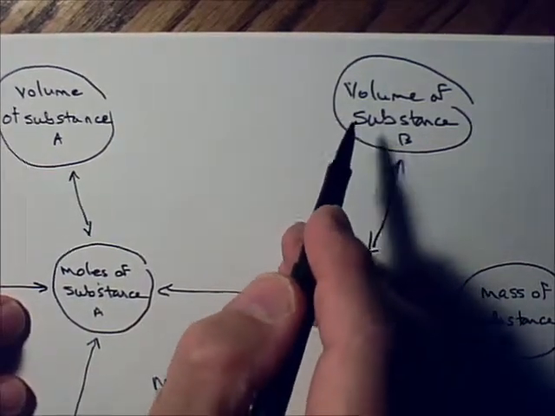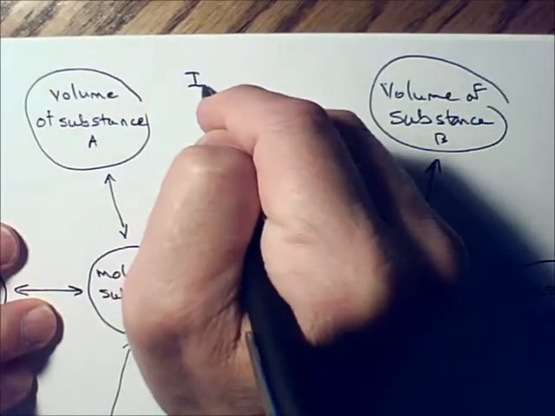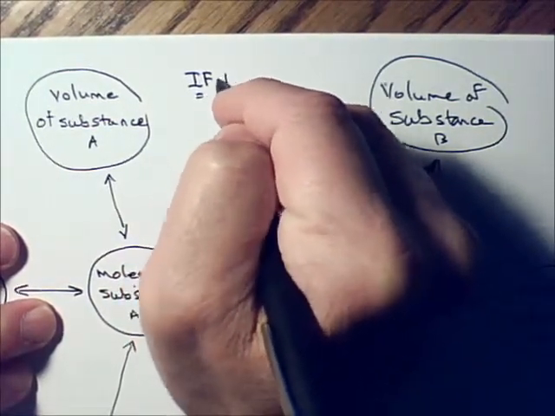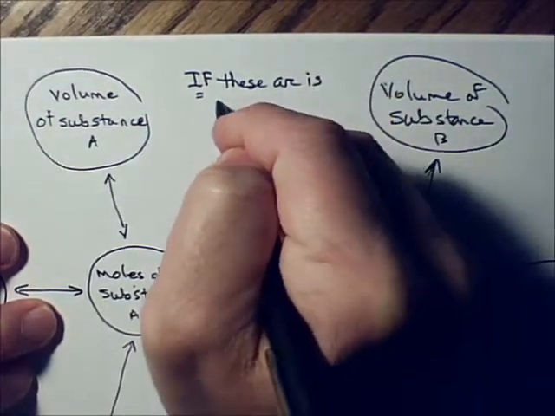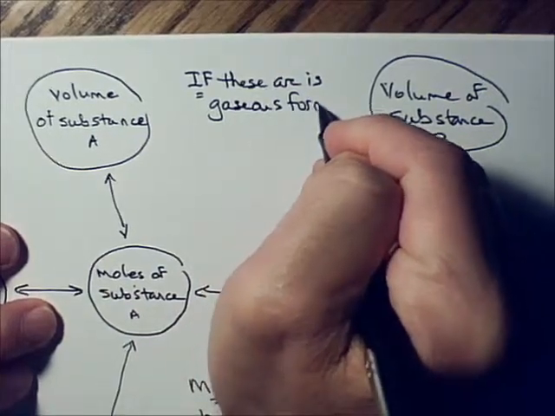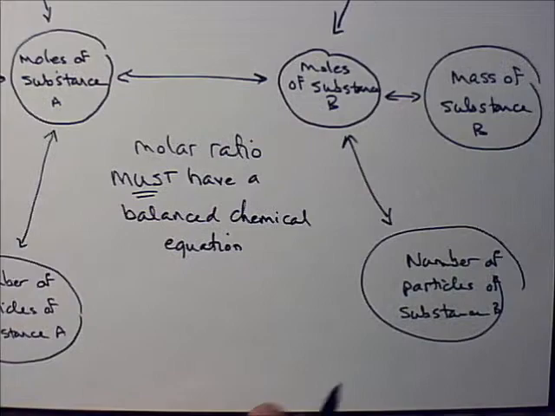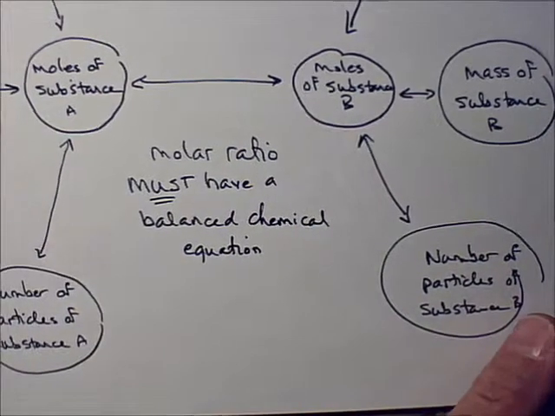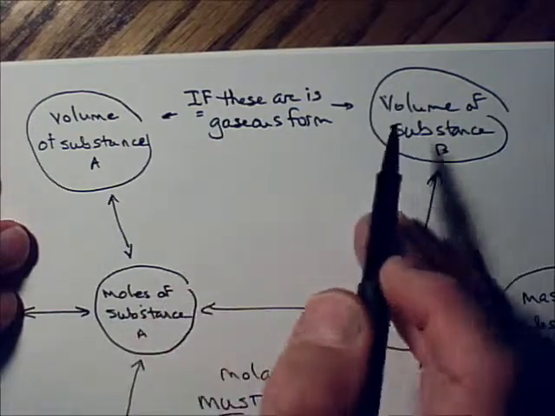Now, what I just said is really key about volumes. These up here are the number of particles of substance B. Volumes, this is if they're in gaseous form.